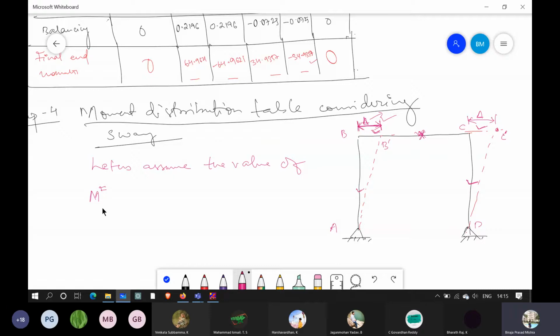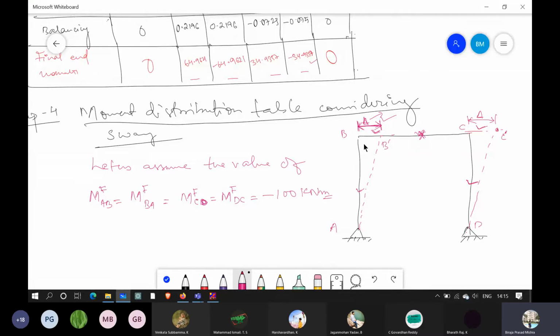Okay, so let us assume that for the sway analysis, MFAB equals MFBA equals MFCD equals MFDC equals, let's say, minus 100 kilonewton meter.